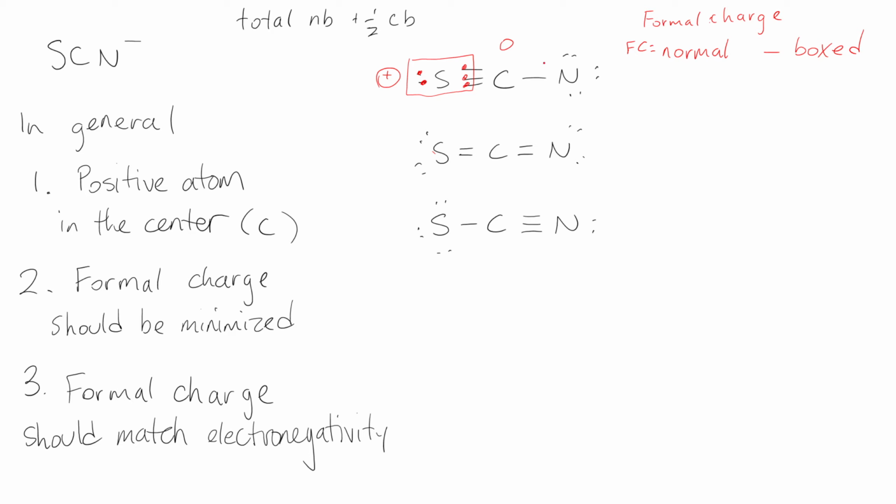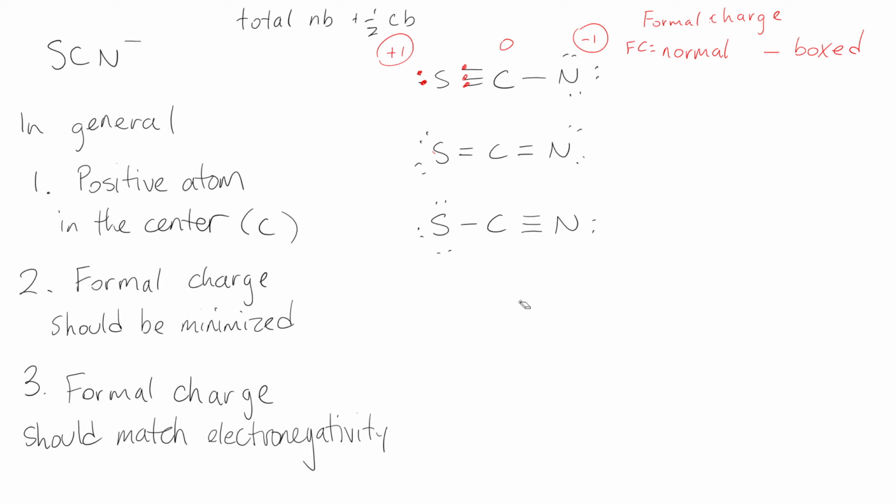And finally, this nitrogen over here has 7 boxed electrons, where it normally has 6, so we know that it has an extra electron. So there's a -1 formal charge over here. I'm not going to draw the box for that. It gets a little cluttered, but visually you can kind of see that.